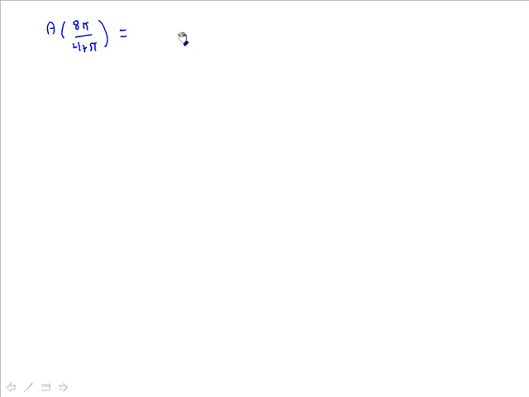So it's 1 over 4 pi multiplied by 8 pi over 4 plus pi all squared plus 1 over 16 times 8 minus 8 pi over 4 plus pi all squared.